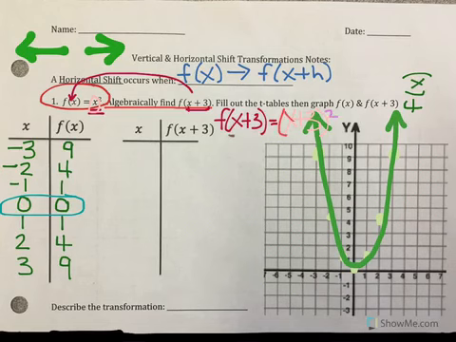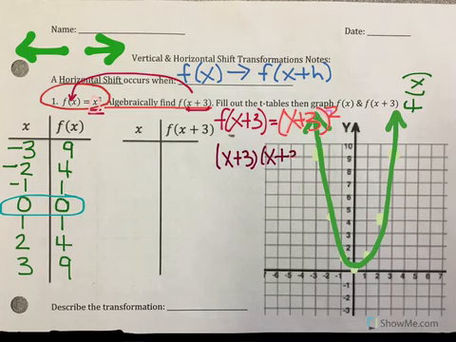So if you want to type into your graphing calculator in parentheses x plus 3, the whole thing squared, you can, and your calculator can handle that. Or if you wanted it to look more like a trinomial like we're used to, you could double distribute x plus 3. So you would write it twice.